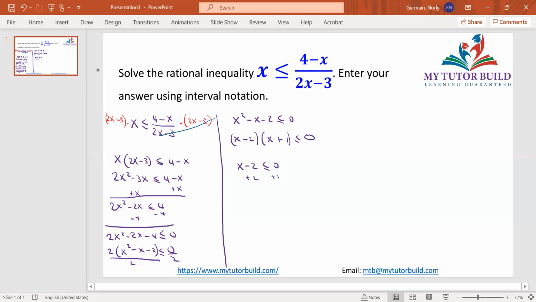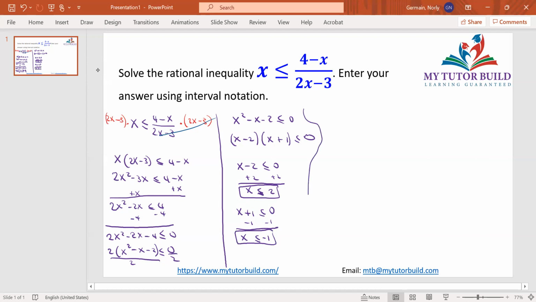If you add 2 to both sides, you end up with x less than or equal to 2. This is the first value of x. Then x plus 1 less than or equal to 0. Subtract 1 from both sides, and you have x less than or equal to -1. Now, those could be your two solutions.